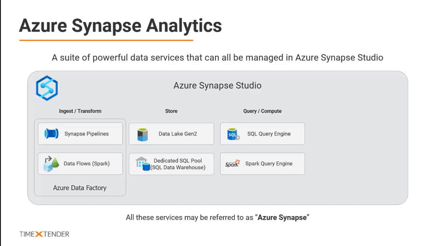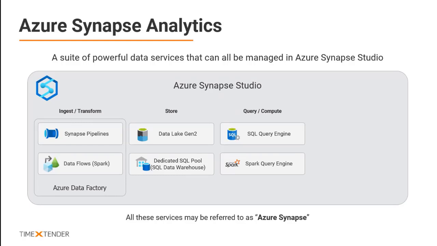It just spins up as you execute queries. It charges you for the compute, but not for storage, since there's no storage available in it. It's very inexpensive, and it's a fantastic service for querying data directly in the data lake. We'll be talking a lot about this in our next session in 2 weeks, on how to query data in the data lake, and we'll show you how to use this part of Synapse.